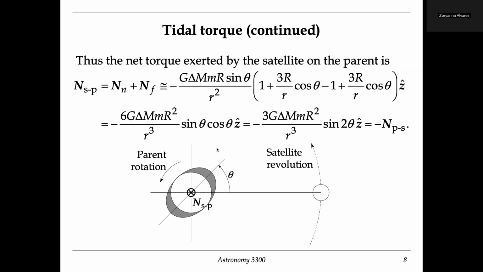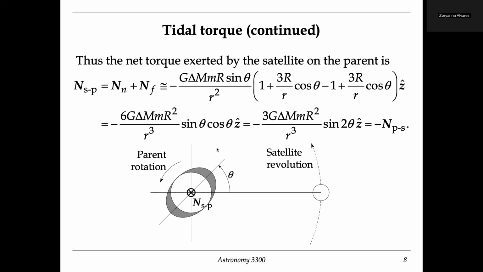So as a result of that, we had all this stuff: G delta m little m R over r squared sine theta. So sine theta is the same. The cosine theta we get from that addition, but we also get sine of big theta over little theta and the 6.